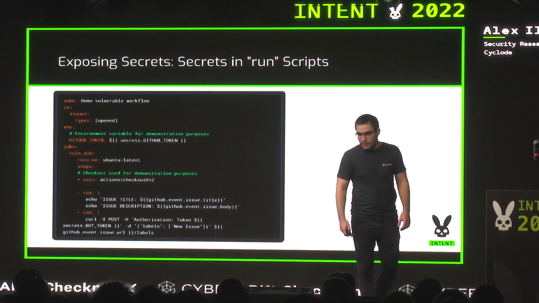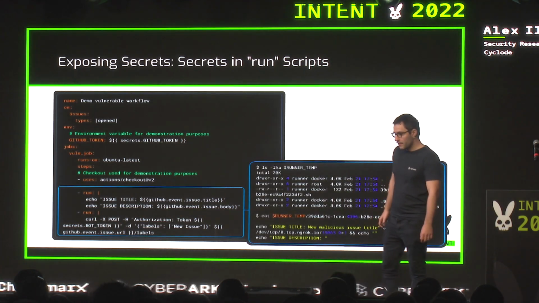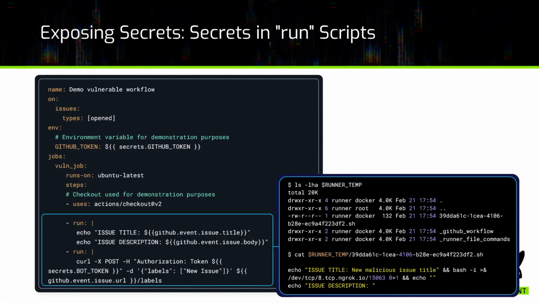And the third method is a bit more complex. During the runner experiments, we understood that every shell script is written to the disk before being executed. We have two scripts in our example, and both were written to a specific directory, after GitHub Actions replaced the secrets in the script.